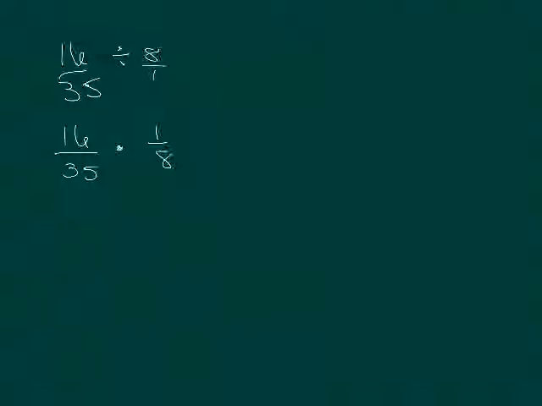Okay, so I'm going to change this to 2 times 8 so that it matches that. 35, I don't really need to find the product of primes because there's nothing on top that's going to cancel with it, but I'll put it on there anyway. And we'll do that. That cancels with that. And we end up with 2 over 35.